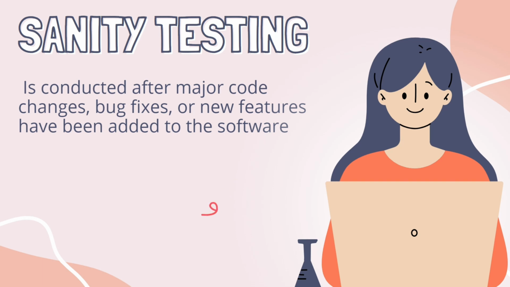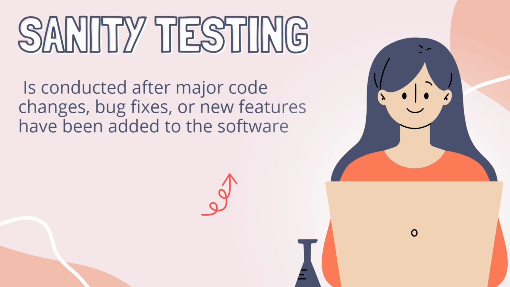Confirm that the issue addressed by the bug fix is indeed resolved. And check other related functionalities such as payment processing and order confirmation. So sanity testing helps ensure that the recent code changes did not introduce new issues and that the application's core functionality remains intact.